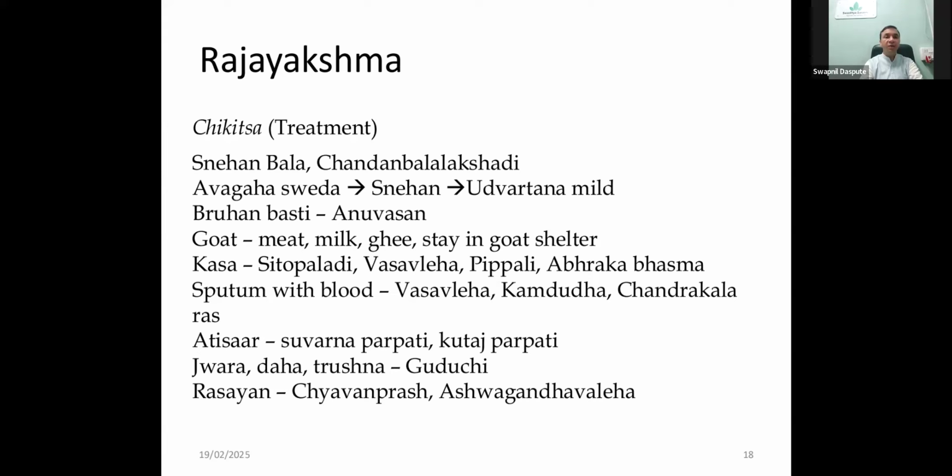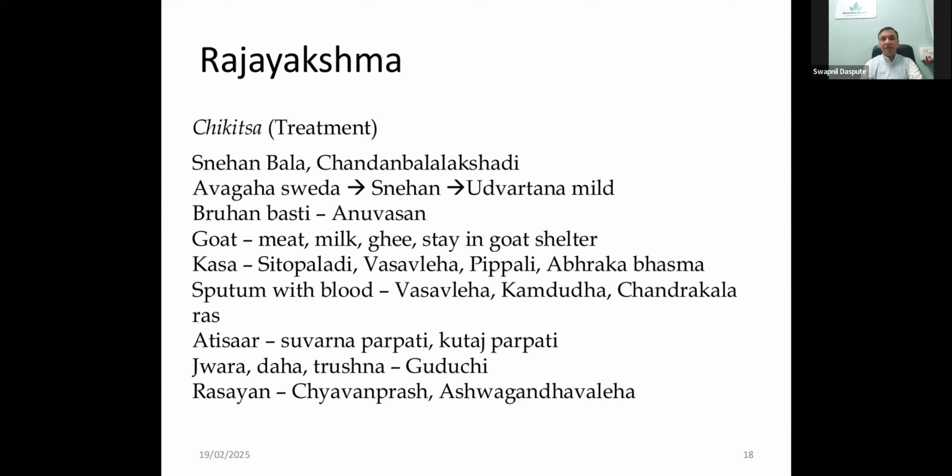Bruhana Basti, Anuvasan Basti: Bruhana will settle the aggravated vata and also nourish the tissues, so Anuvasan Basti will be helpful. Goat milk, sorry, here is a quite interesting and different treatment which is mentioned in the classical textbooks.